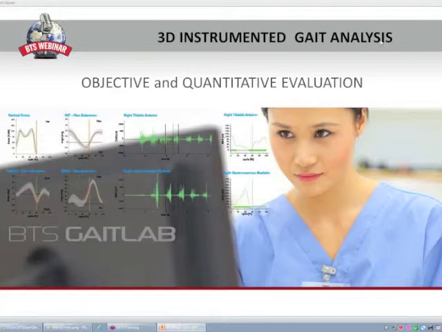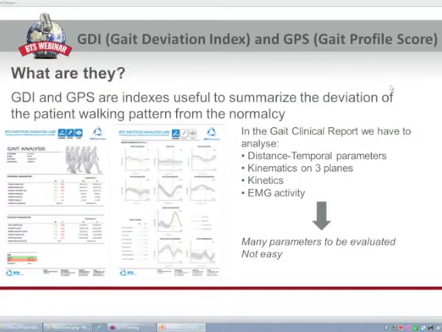Gait analysis can provide objective information about 3D joint motion, spatiotemporal parameters of walking, 3D joint moments and power, EMG, and so on.